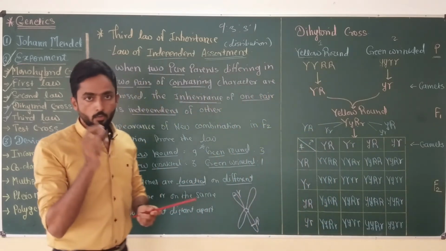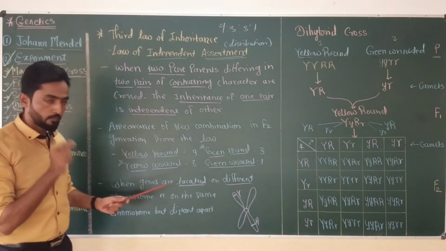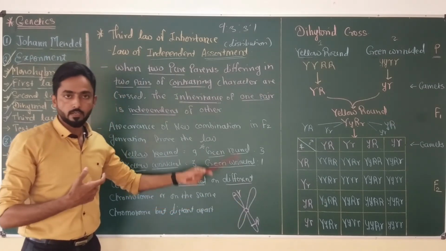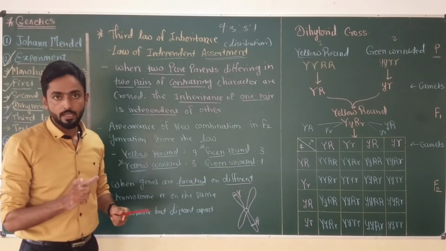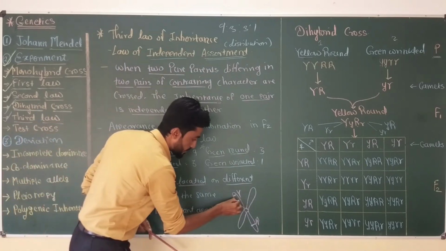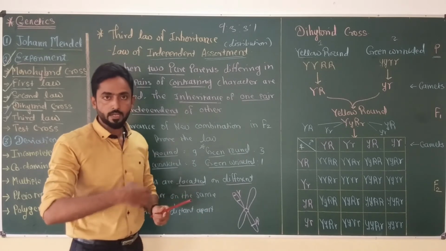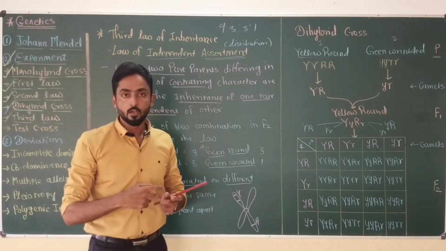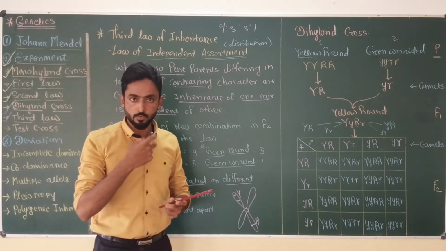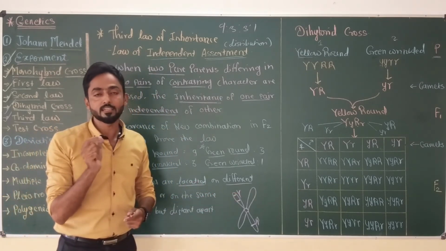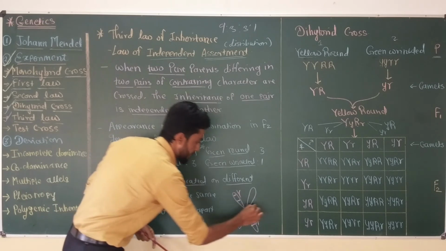So we have to remember that when the genes are located away from one another, the chance of independent assortment is high. If the genes are present close to one another, then these two genes can transfer in the gamete or in the progeny simultaneously in a single gamete, and such genes are called linked genes.